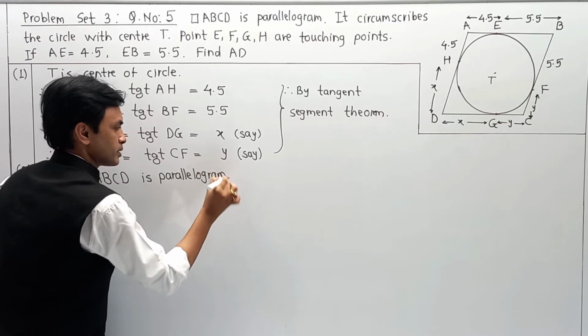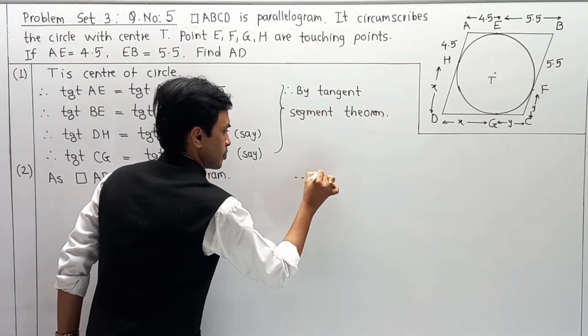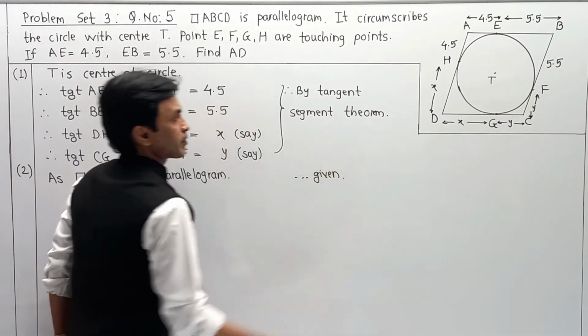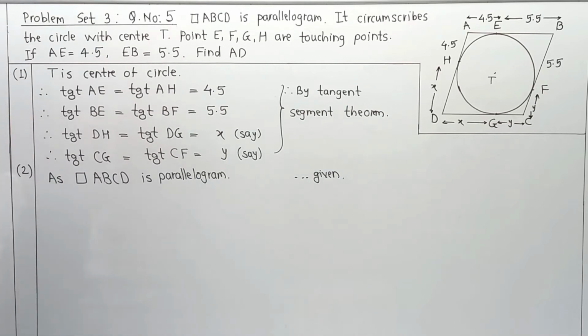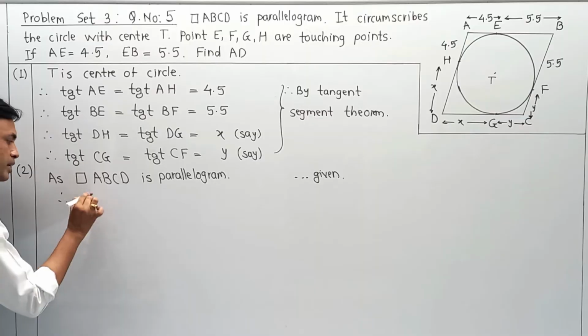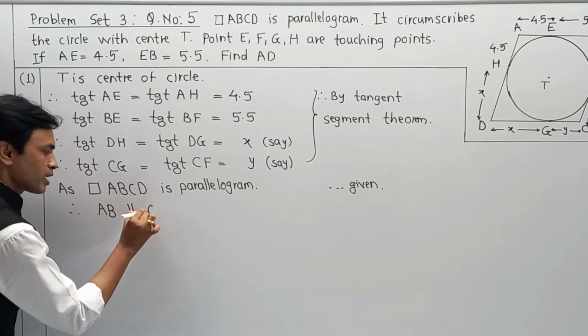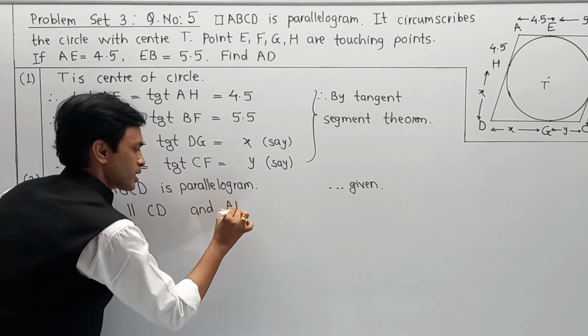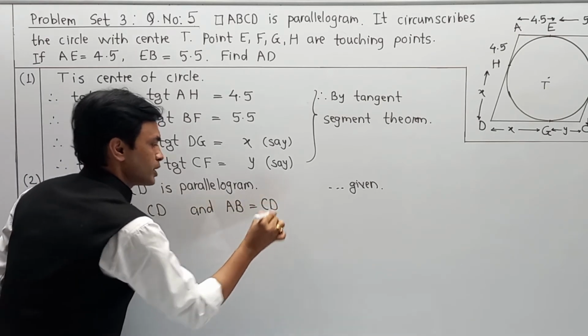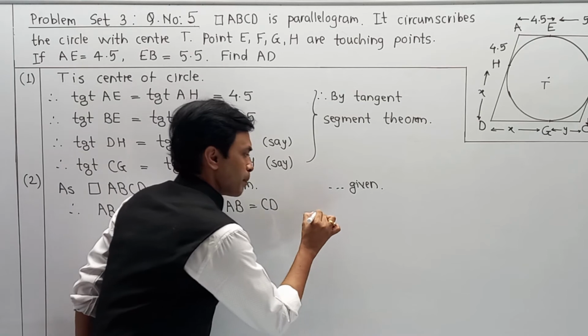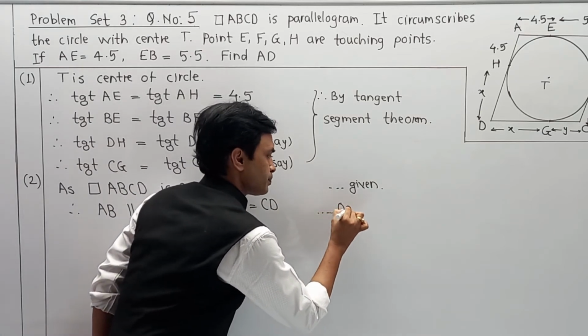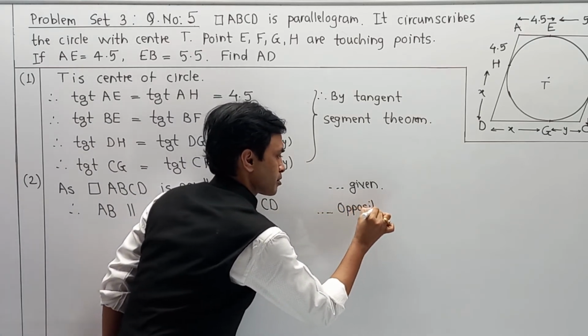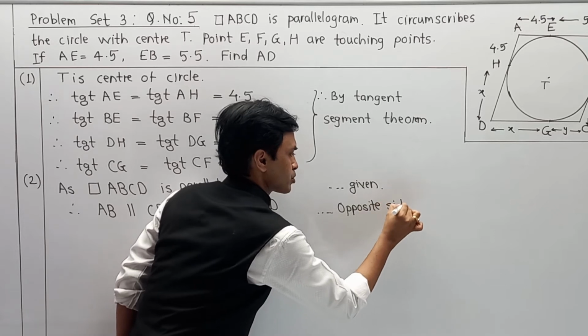There we can see AB is parallel to CD, and in terms of distance, AB is equal to CD. Reason: opposite sides of a parallelogram.